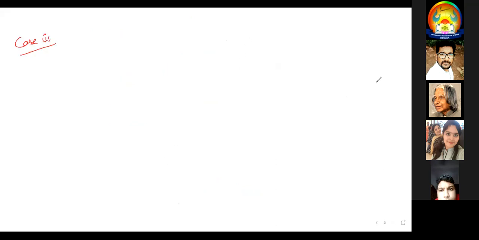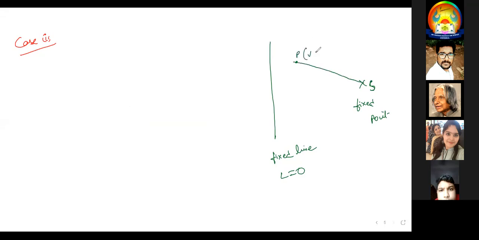Now, case number 2. Again, the story starts. There is a fixed point and a fixed line. The fixed point I named S, and the fixed line I gave as L equal to 0. Now I want to pick up one point which is nearer to the line.